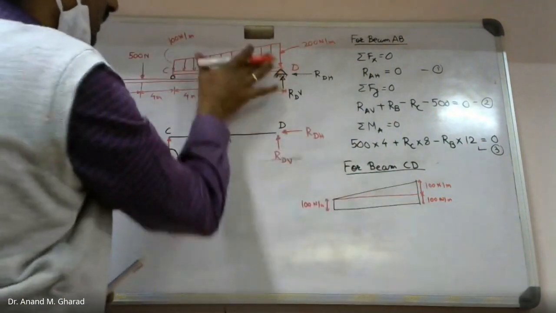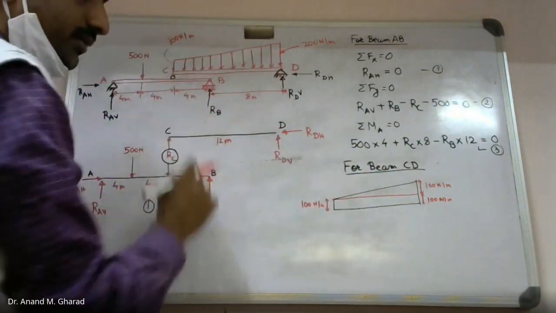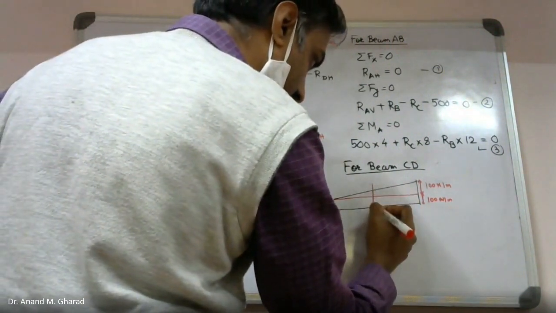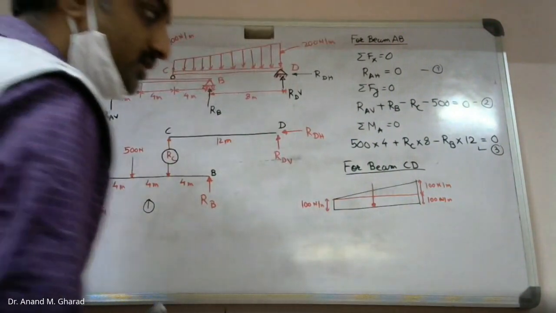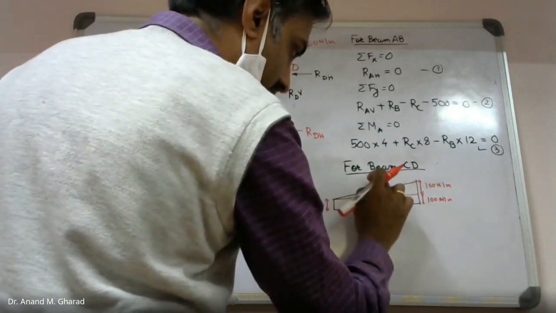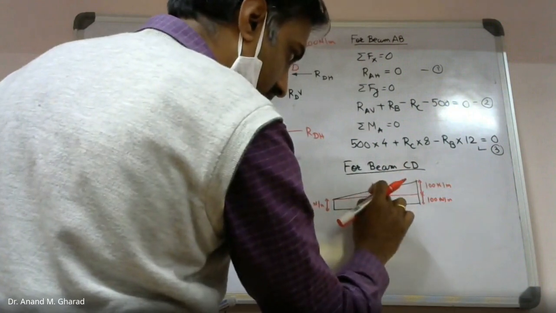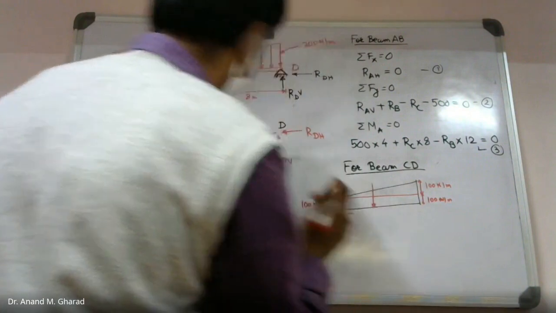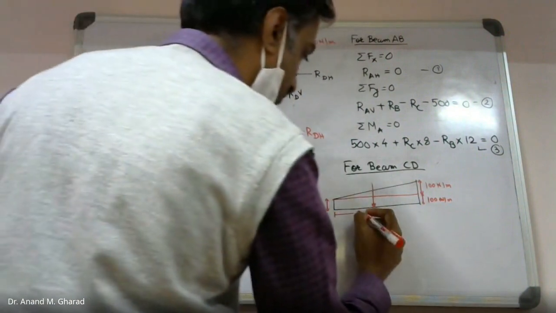Such kind of uniformly varying loads can be modified in the form of point load in this manner. So for this rectangular portion, the concentrated load will be acting at its centroid, that is at the center. How much is the total length? It is 12 meters. So this is 6 meters.